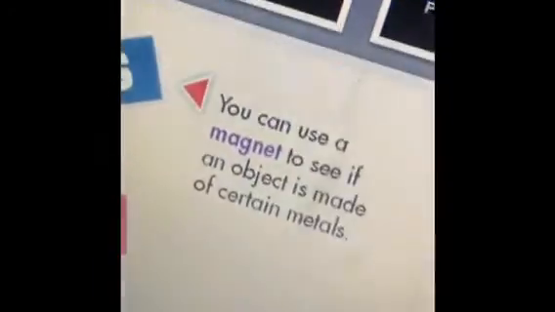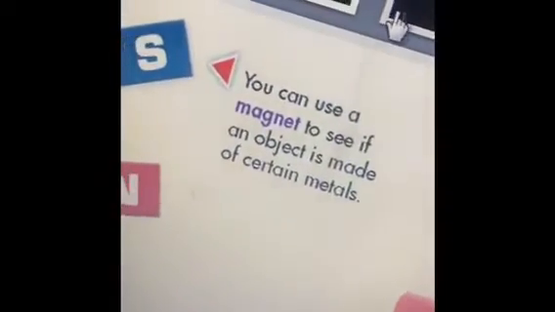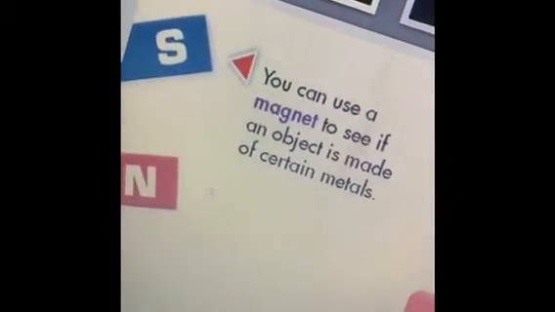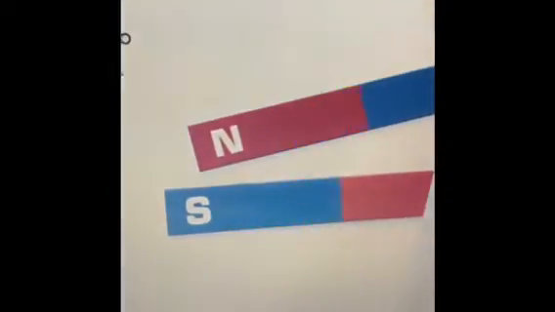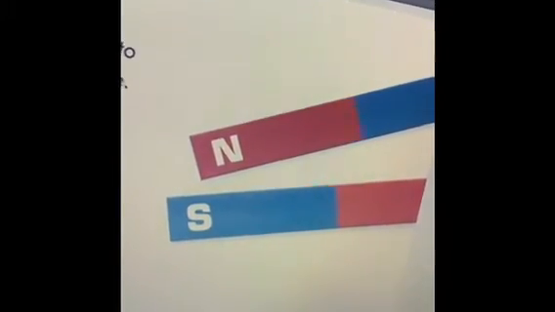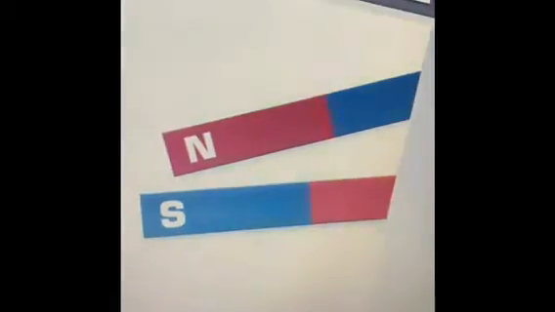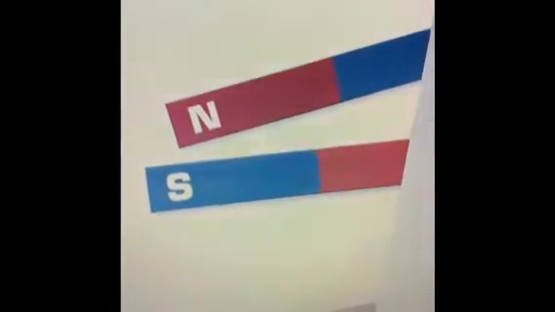Here we have a magnet. We use a magnet to see if an object is made of certain metals, because a magnet attracts some metals. So if we want to test whether this object has a certain metal or not, we can use a magnet, and it has two sides.